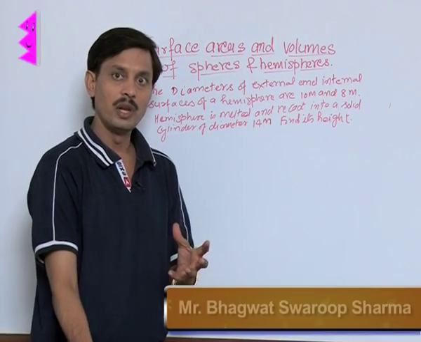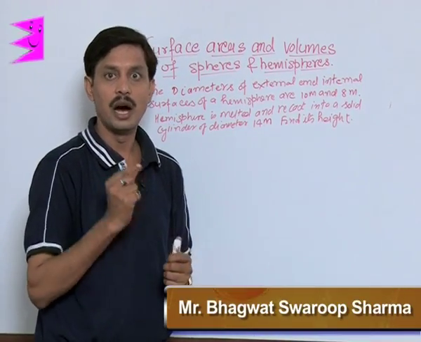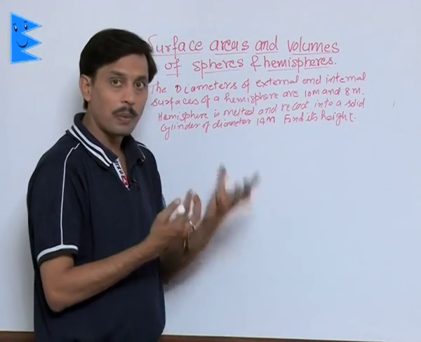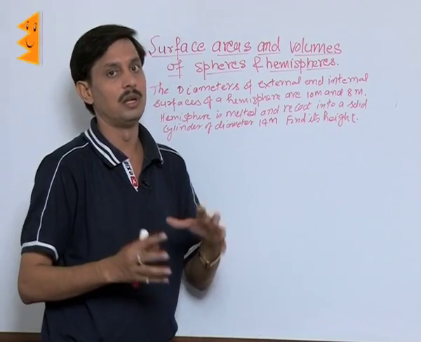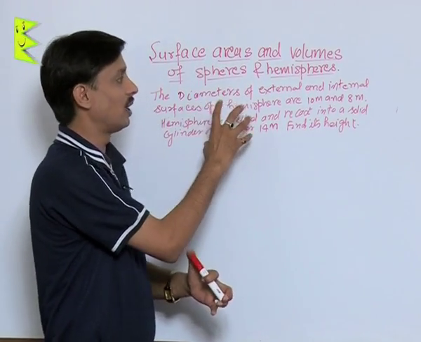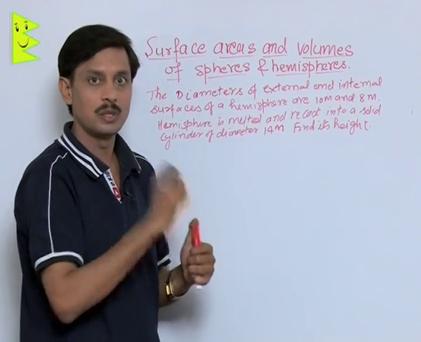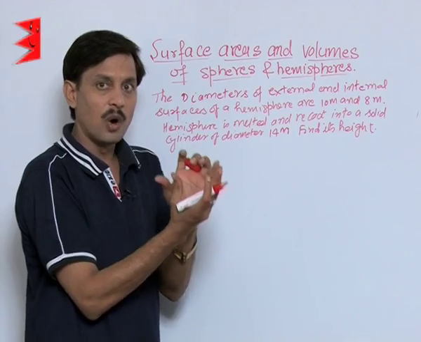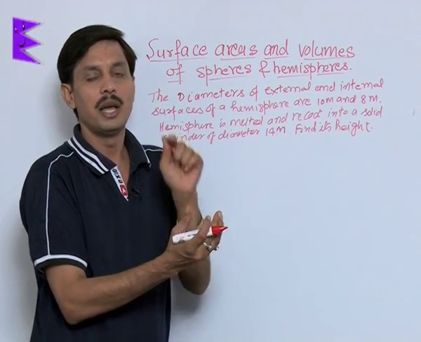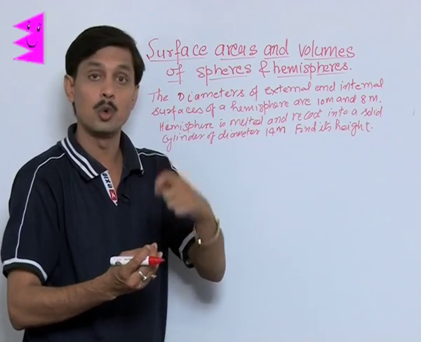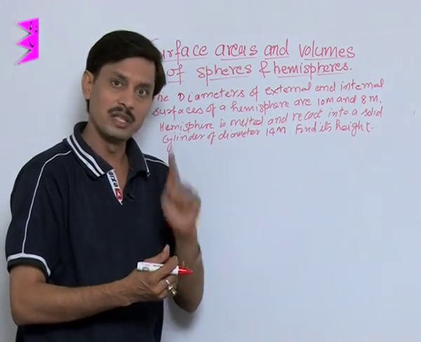That is, we need to calculate the height of the cylinder if it is obtained only from the volume of what? So obtained by melting this hollow hemisphere. The question is, we can say the volume of the hollow hemisphere is the same as the volume of the solid cylinder so obtained. What is required?